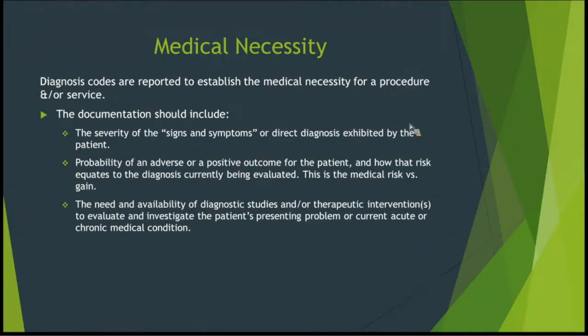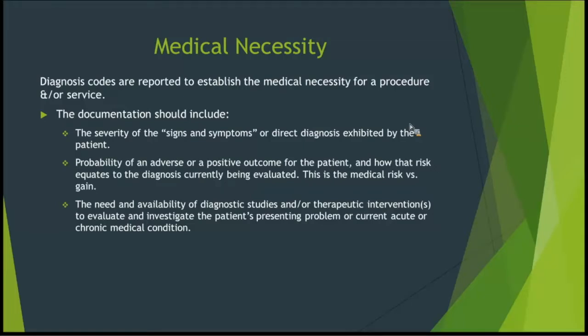So here we have, again, medical necessity. Diagnosis codes are reported to establish the medical necessity for a procedure or service. And what the documentation should entail when you're writing your notes or working with your attending, and what we're looking for as auditors on the back end. What is it that lets us say, okay, the provider has established medical necessity, and so we are going to appeal if the claim is denied? What gives us the meat on the bone to justify the service and to fight for the payment?